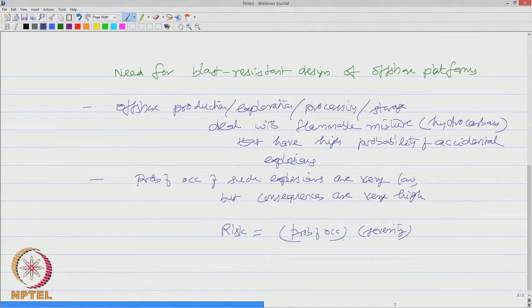Even though the probability of occurrence is lower in case of explosions occurring from flammable mixtures, their severity or consequence is very, very high, leading to a very high risk factor involved. Therefore, offshore platforms must be blast resistant.